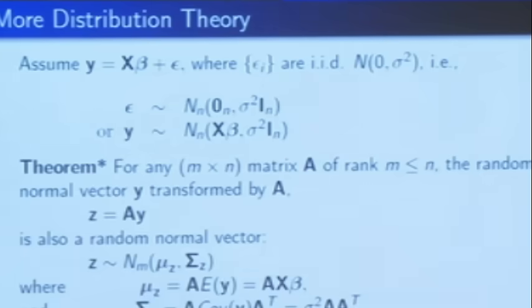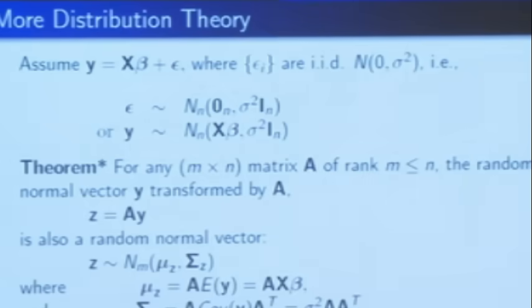Okay. So there's an important theorem here, which is for any matrix A, m by n, you consider transforming the random vector y by this matrix A. It is also a random normal vector. And its distribution is going to have a mean and covariance matrix given by mu z and sigma z, which have this simple expression in terms of the matrix A and the underlying means and covariances of y.